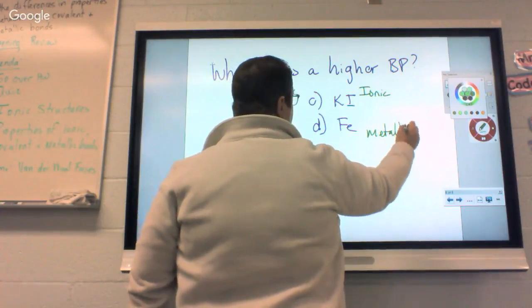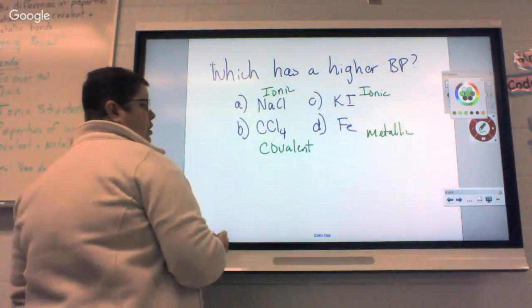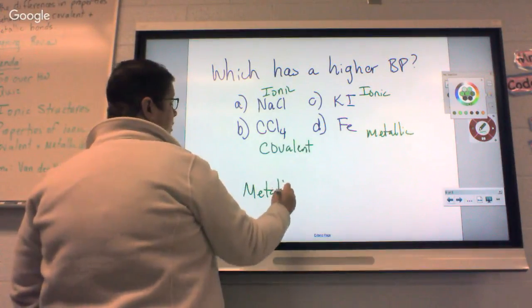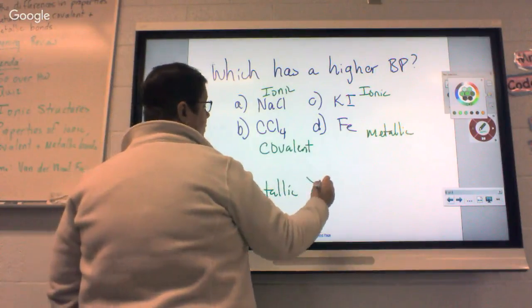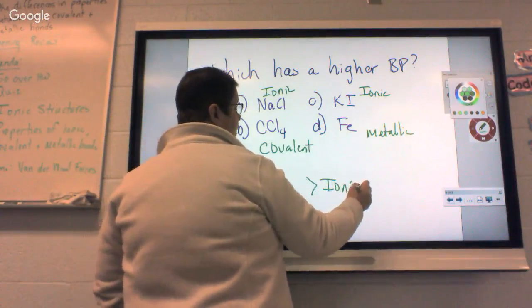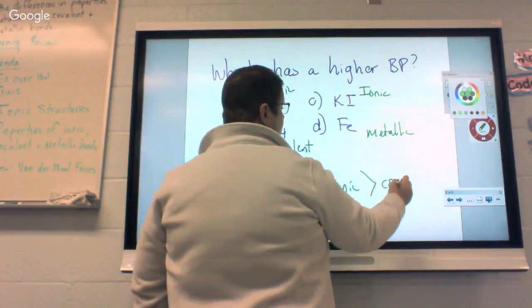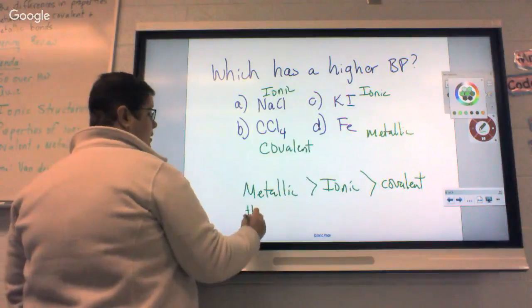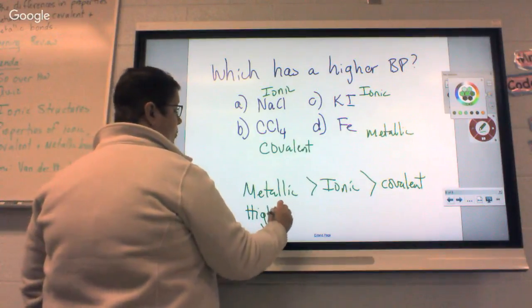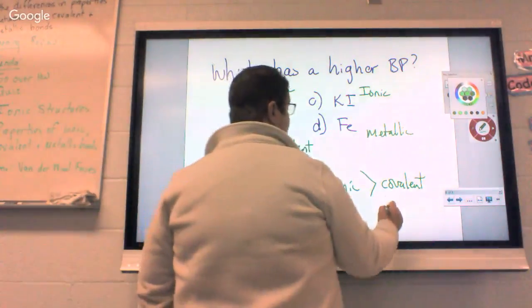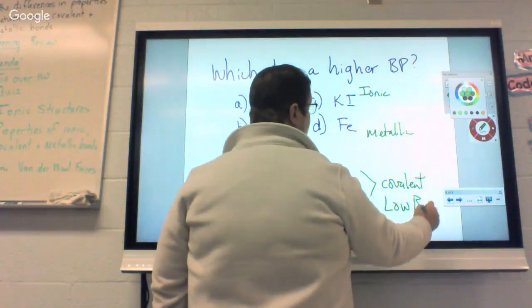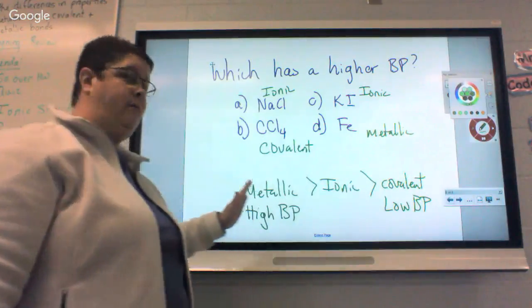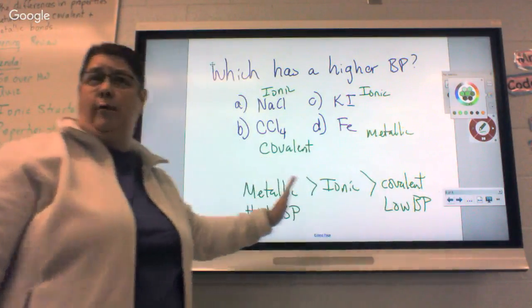Now, based on our discussion about properties, which was the strongest bond? Metallic was the strongest, then ionic, and then covalent. So, if metallic was the strongest, it had the highest boiling point, and covalent had the lowest boiling point. That's what you should have gotten out of what we just talked about. That was the conclusion you should have drawn.